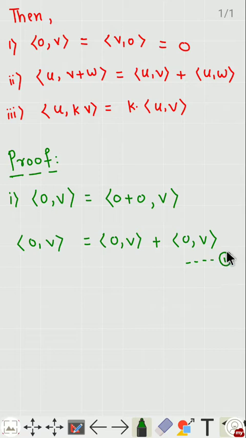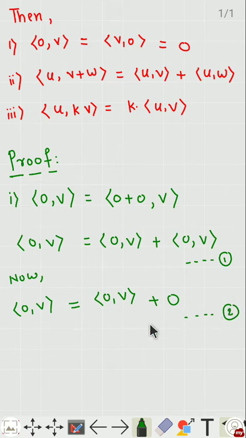Now also we have the inner product of 0 vector with v is the same as the inner product of 0 vector with v plus 0, as this inner product is a real number, and if we add a zero number to this real number we get the same real number. So let us call it equation 2.